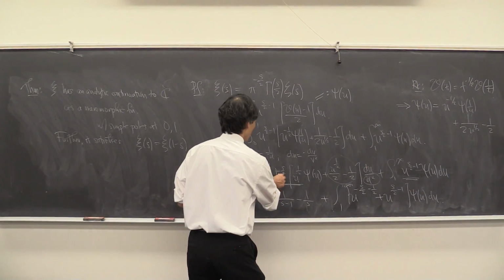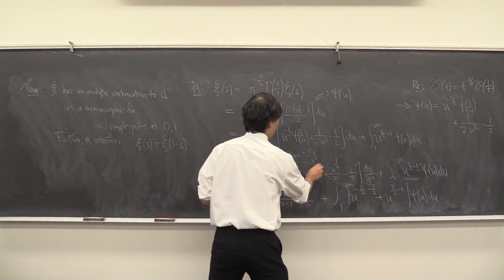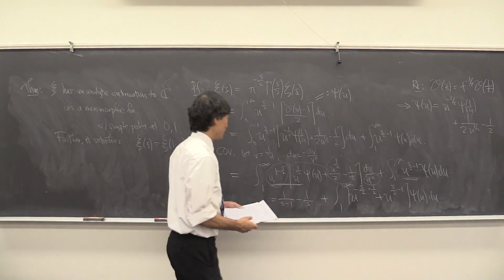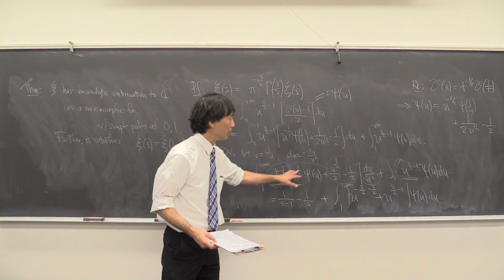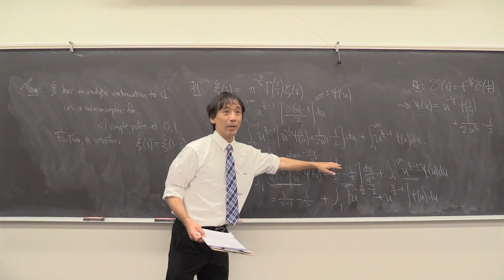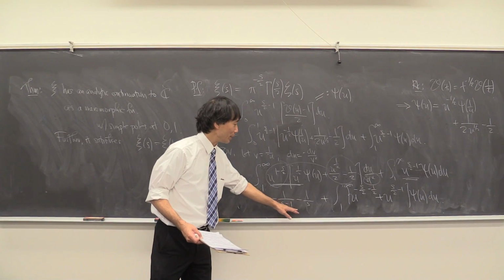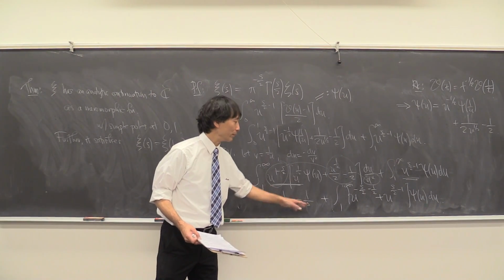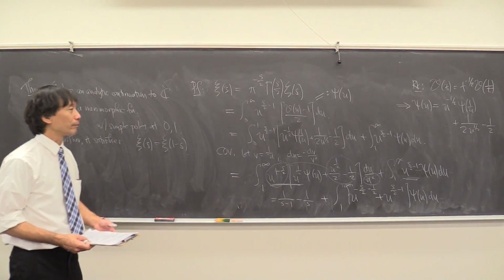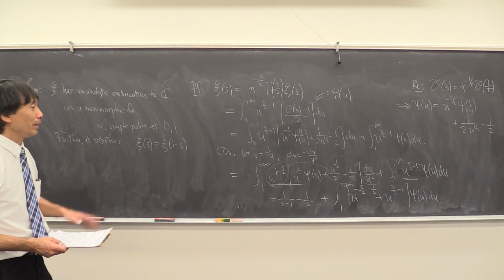Right. But you have the integral of these terms: u to the 1 minus s over 2 times this, everything divided by u squared. If you work it out, it's just elementary calculus. You get 1 over s minus 1 and 1 over s. And that's about it, actually.